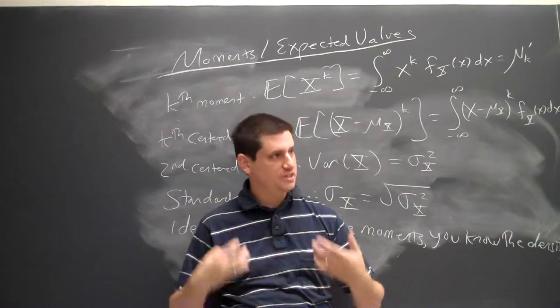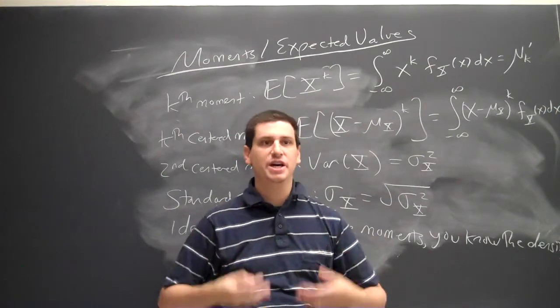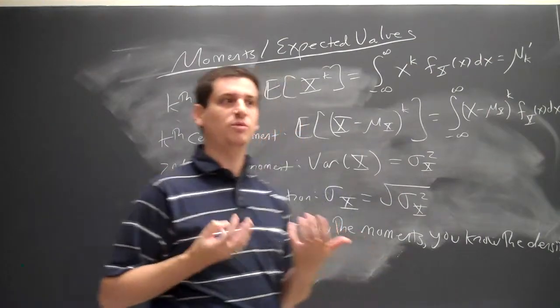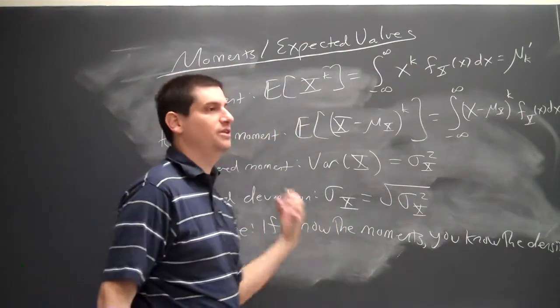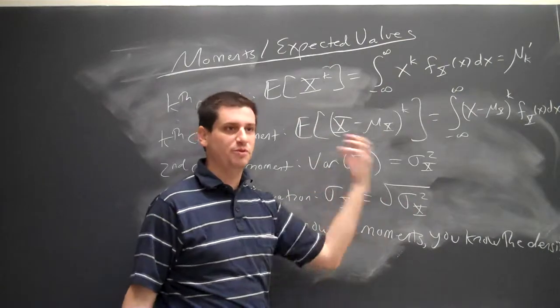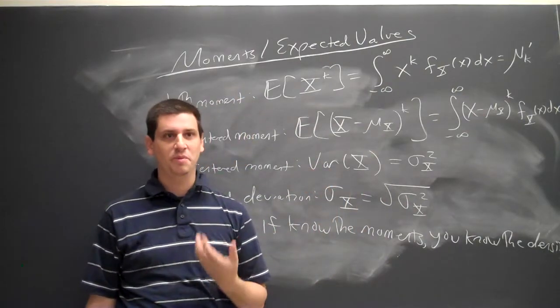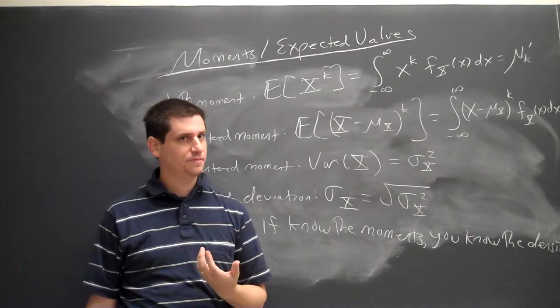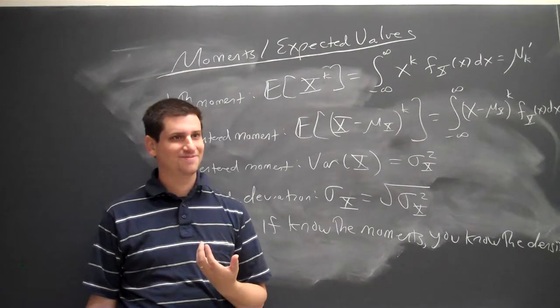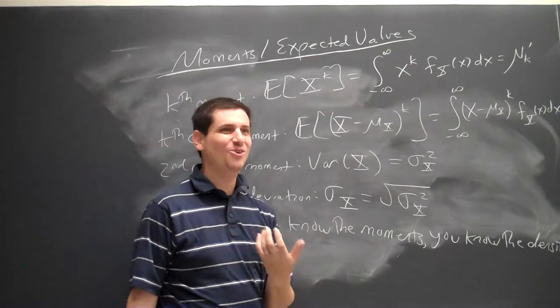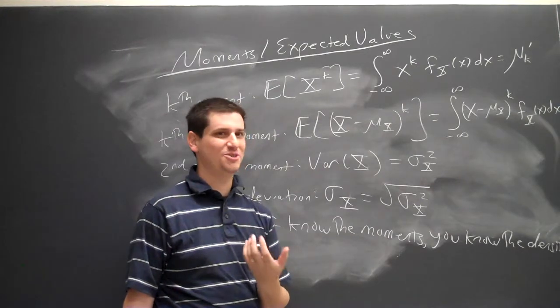You ask enough questions and eventually you get enough information that it uniquely specifies what the person is thinking of. I'm thinking of a probability distribution. You can ask for the mean, the second moment, the third moment, the fourth moment. If I give you all the moments, will you know the probability distribution?